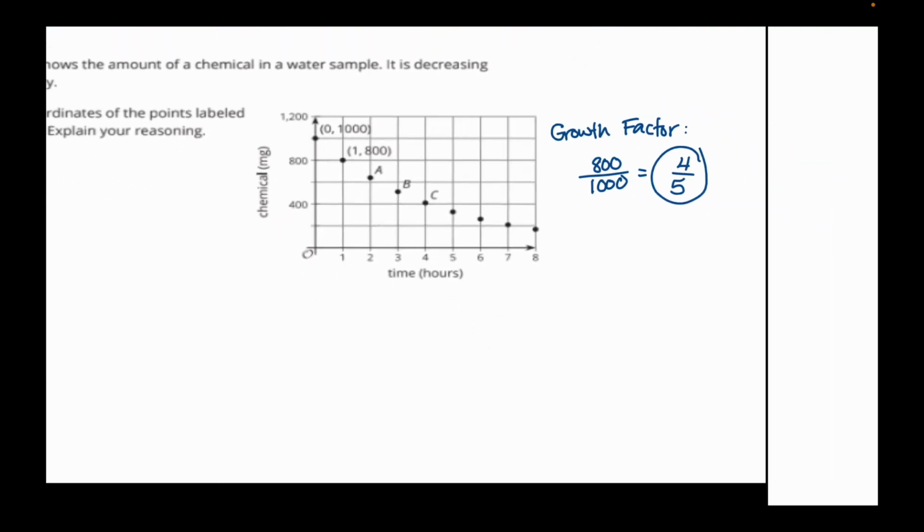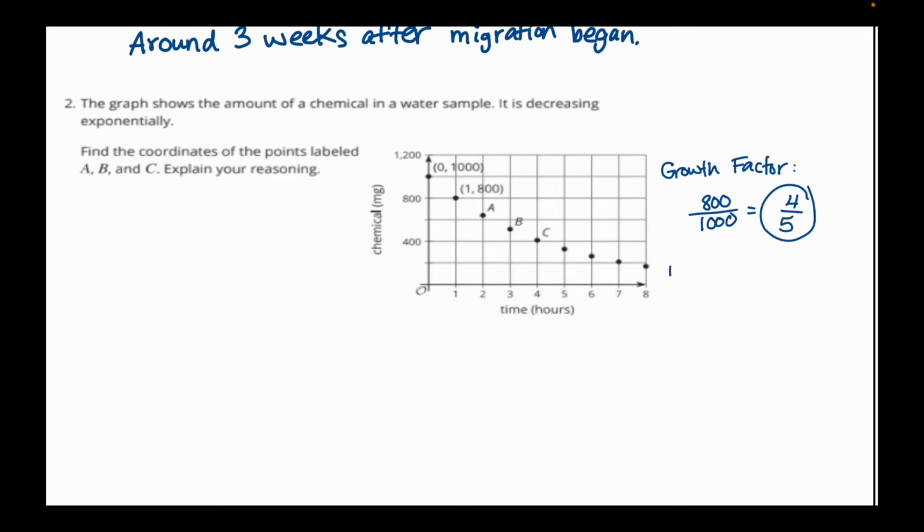But I also know my initial value was that 1000. So I can actually make an equation here if I really wanted to, just to help me out. Since I have those two pieces, I can do this whole thing.